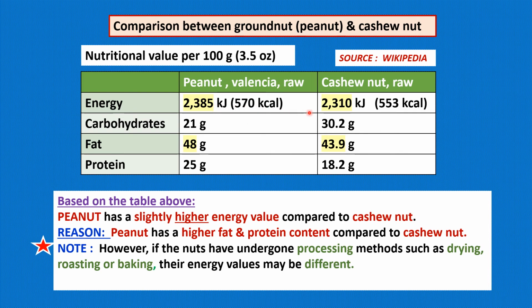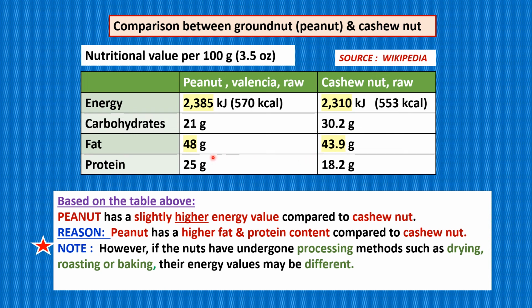Now, when we compare the carbohydrate content, cashew nut has more carbohydrates than peanut. But the fat content of the peanut is more than the cashew nut.